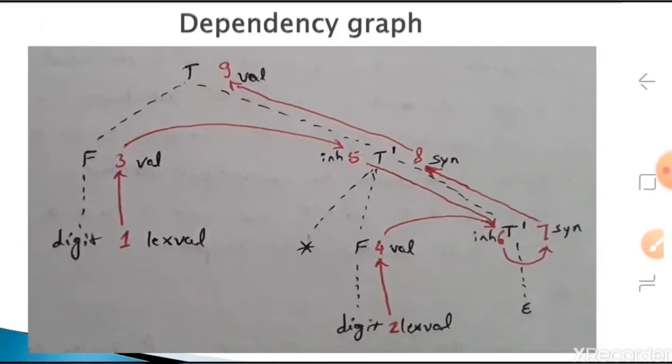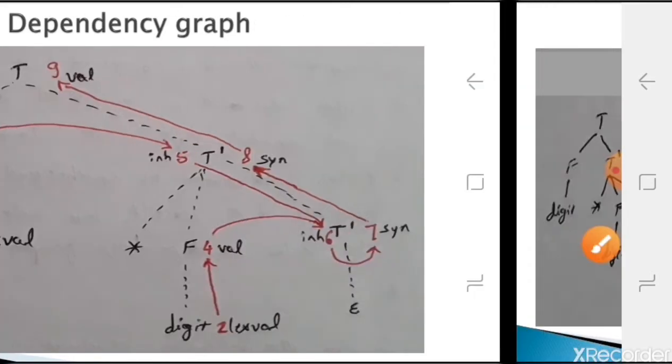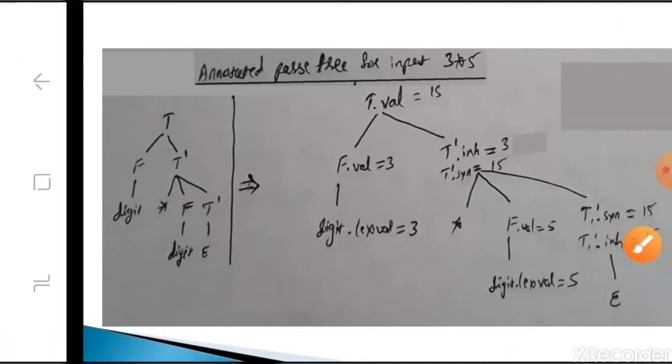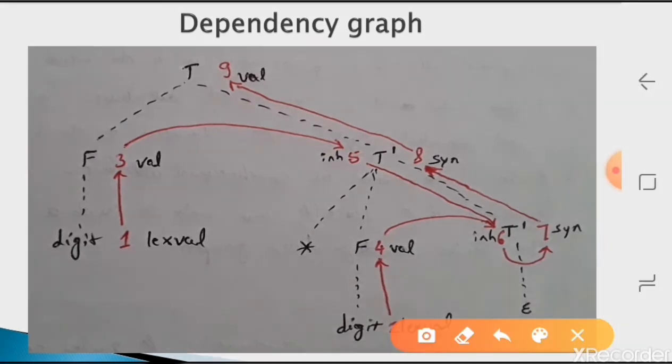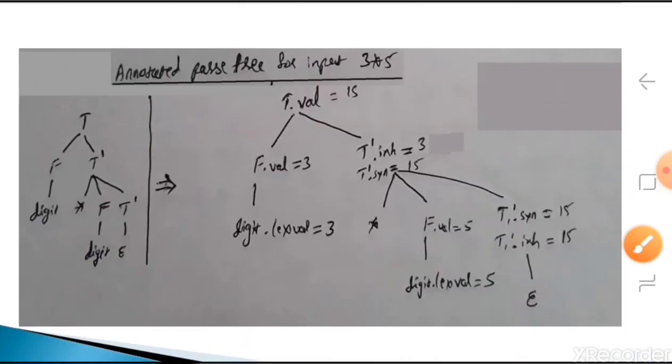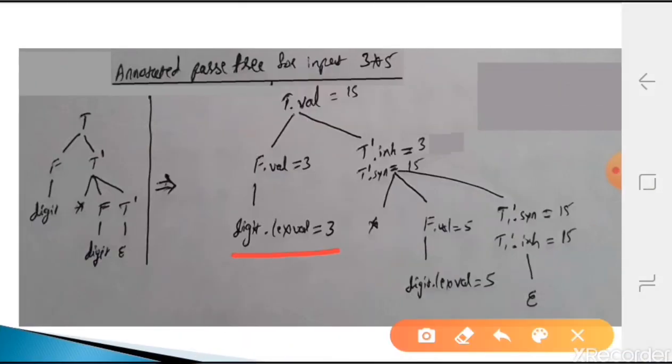How to evaluate is called the dependency graph. Whatever we wrote in red color is my actual dependency graph; the order we wrote is the dependency graph. If you observe, first we require 3, then 5.